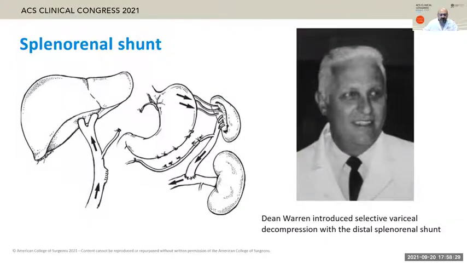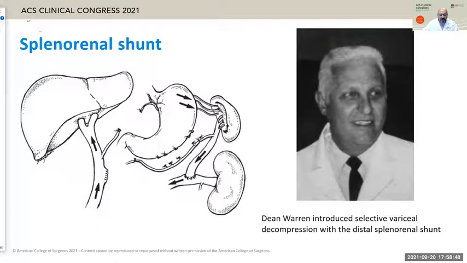The splenorenal shunt is a procedure for elective decompression of the portovenous vascular system. It is rarely done, as TIPS is more common and just as effective at decreasing the pressure.